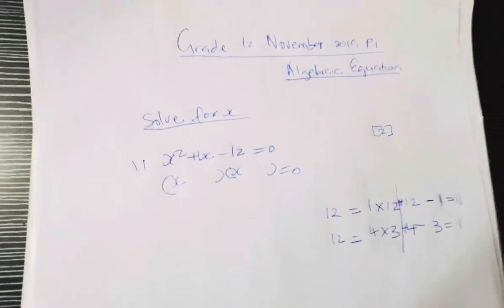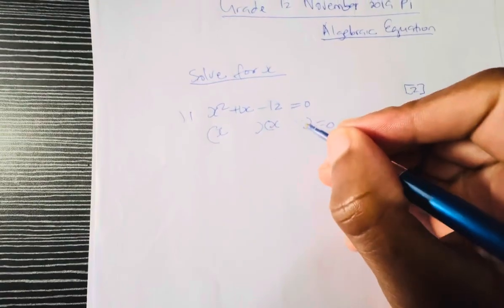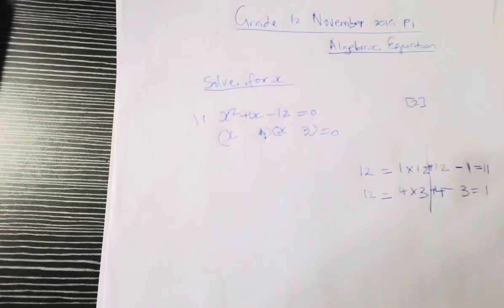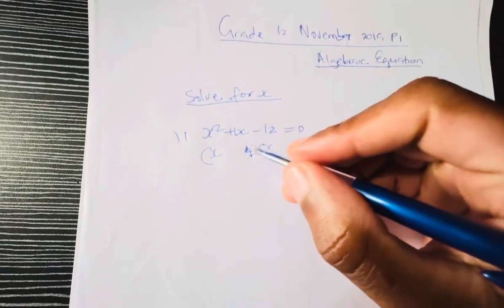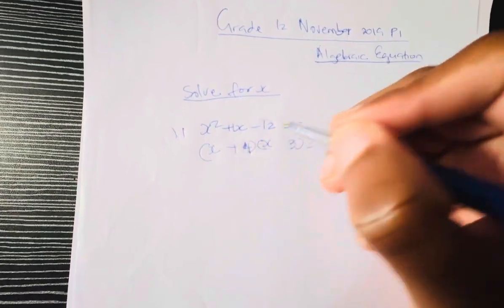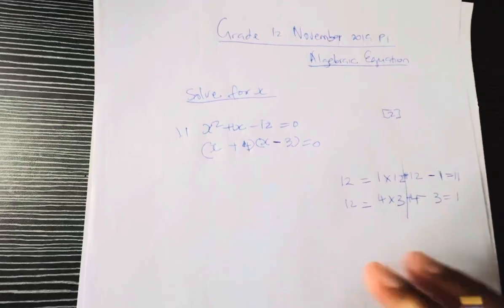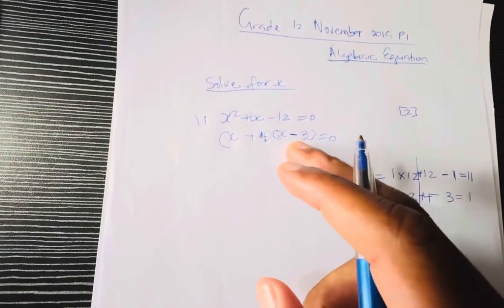So it means this one is correct. So we can have 3 here and 4 here. It doesn't matter the order. The most important part is that the bigger one must take the sign of the middle term, and then the small one must have a different sign from this one. Of course, here it will be negative.